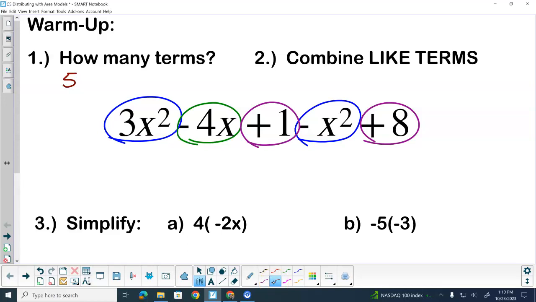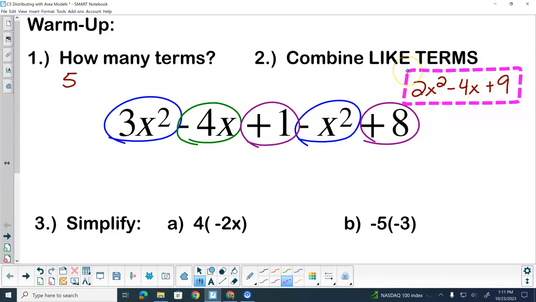So that's 2x squared. Nothing else combines with the negative 4x, but that negative sign comes along. If you've got 1 book and I give you 8 more books, how many books you got? 9 books. So there is the combined, simplified one, and then we got that.